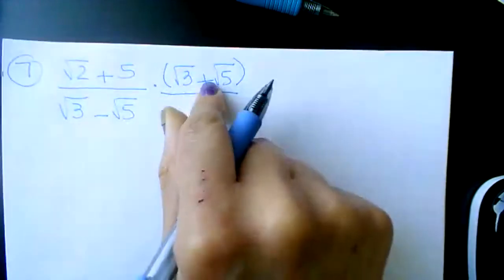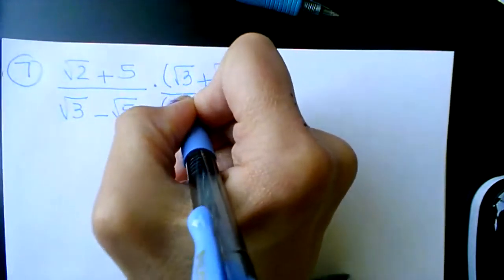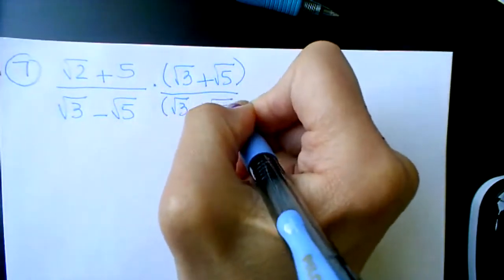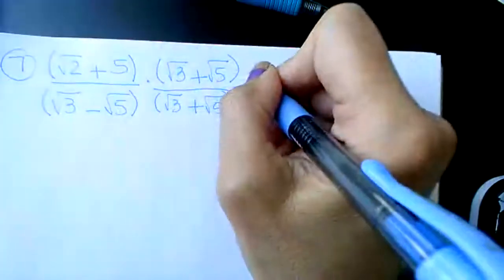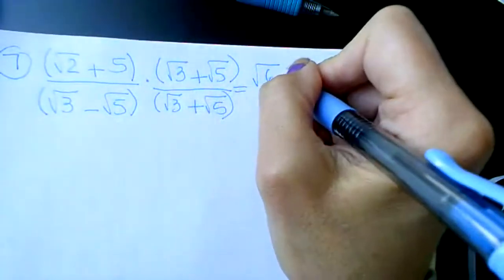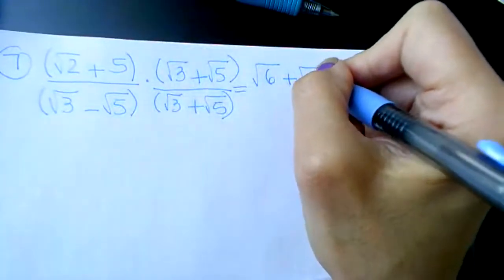The conjugate needs to have the same terms but opposite signs. Now I'm just going to multiply. So this is going to be 2 times 3, square root of 6, plus square root of 10.